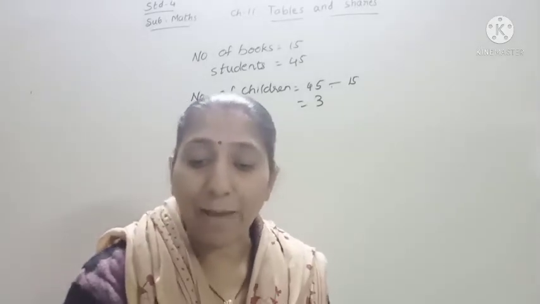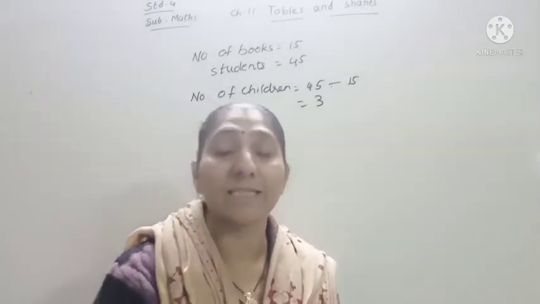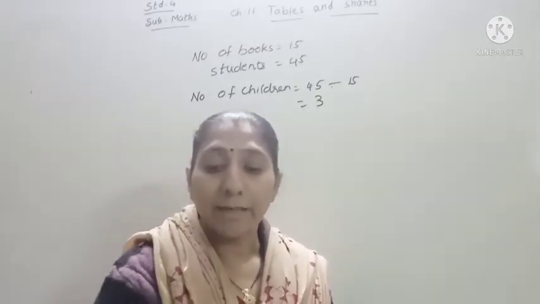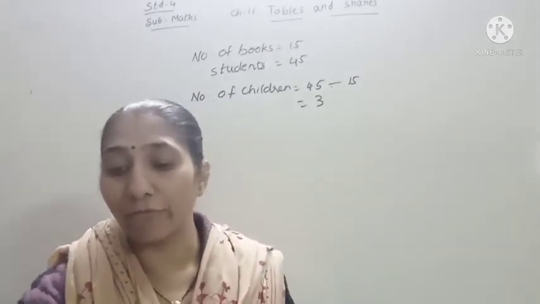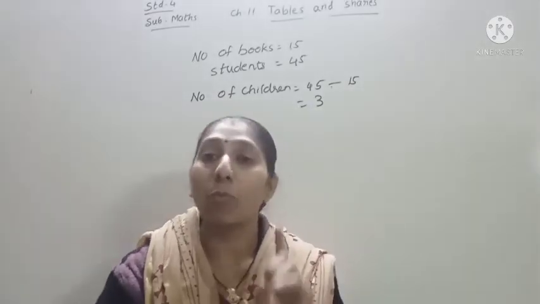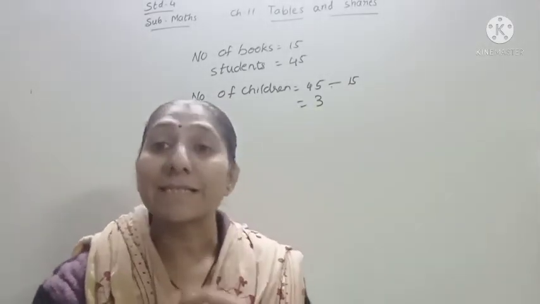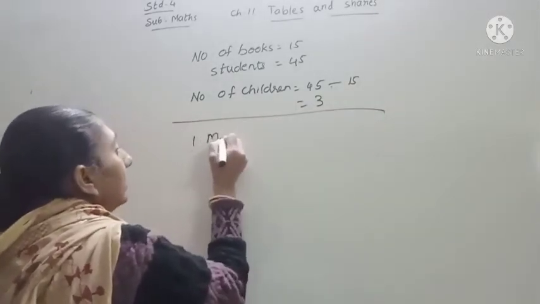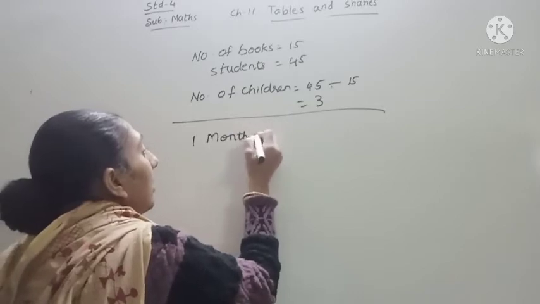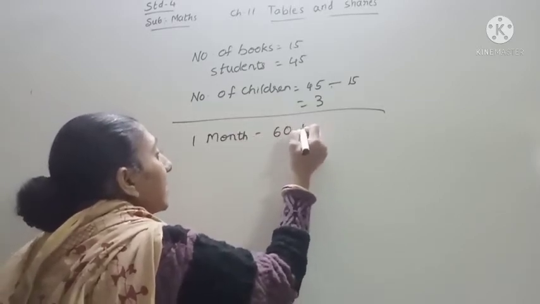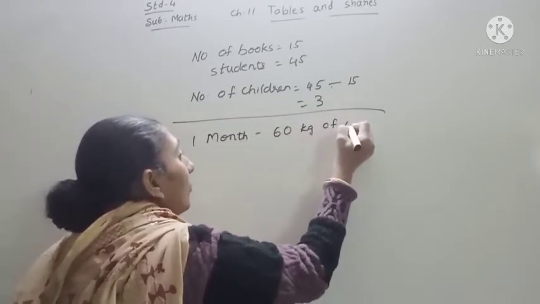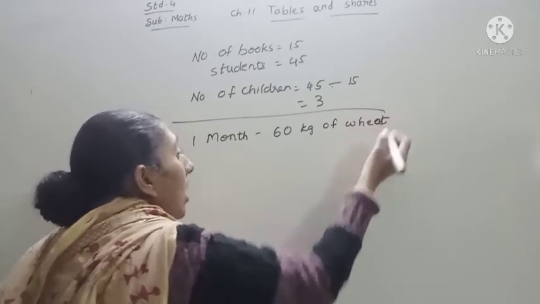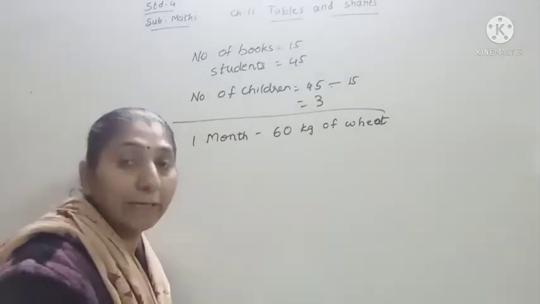Next, a family of 8 people needs 60 kg wheat for a month. How much wheat does this family need for a week? Now in 1 month a family needs 60 kg of wheat. So how much will be needed for 1 week?